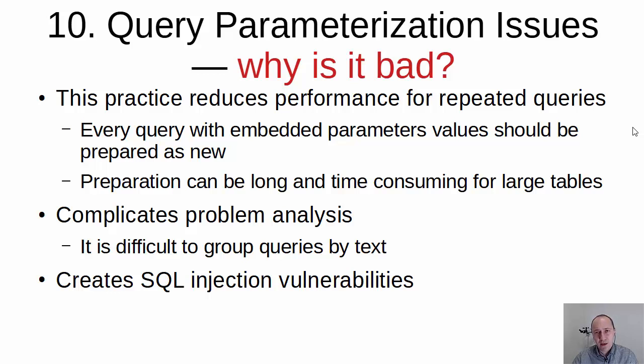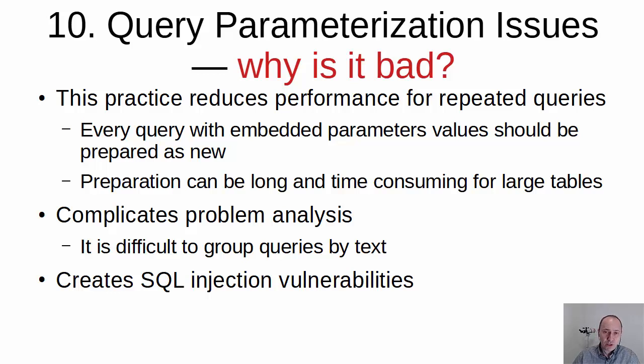If some hacker discovers that you are using this technique on a website or in an application, they can try to execute bad code to harm the database, to manipulate the data, and so on, as part of the parameters.